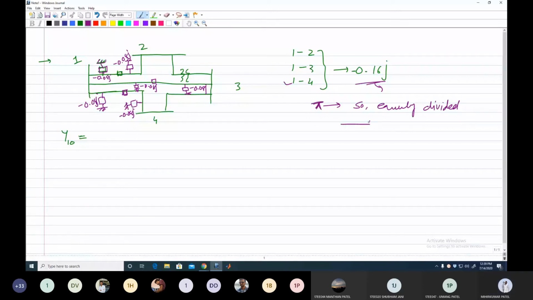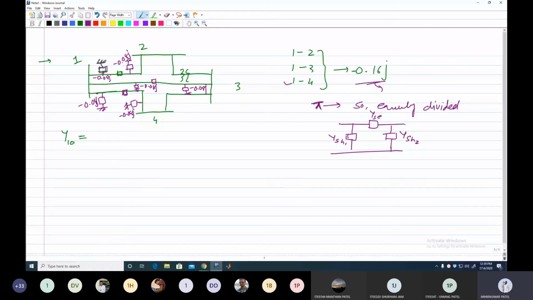Clear? Just draw this diagram for simple understanding. This is your series, and shunt 1 and shunt 2. Clear? So this shunt element is equally divided on particular buses.